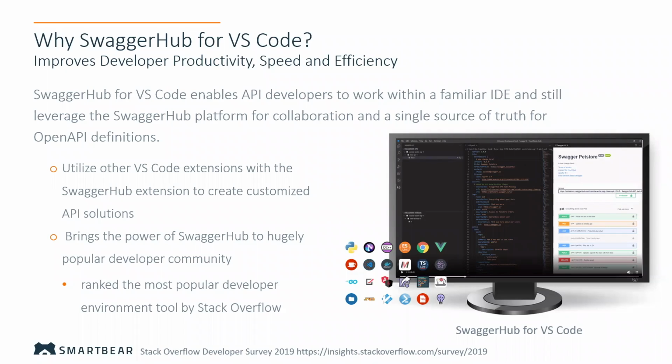It has a rich ecosystem of extensions, so you have it customized to your own personal preferences and your personal working style inside VS Code. It ties in well with that. And additionally, now it syncs directly into SwaggerHub, so you don't have to have two tools open to do your API design.